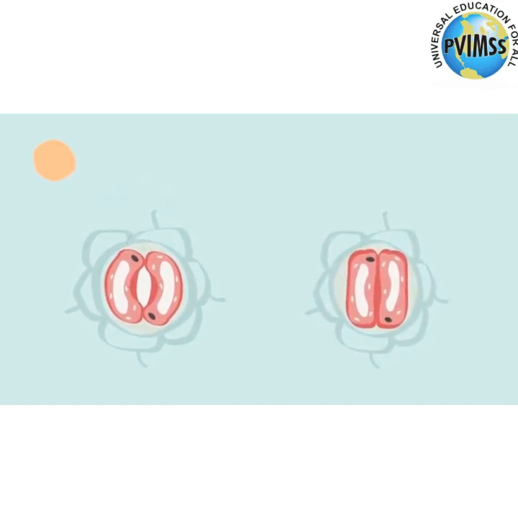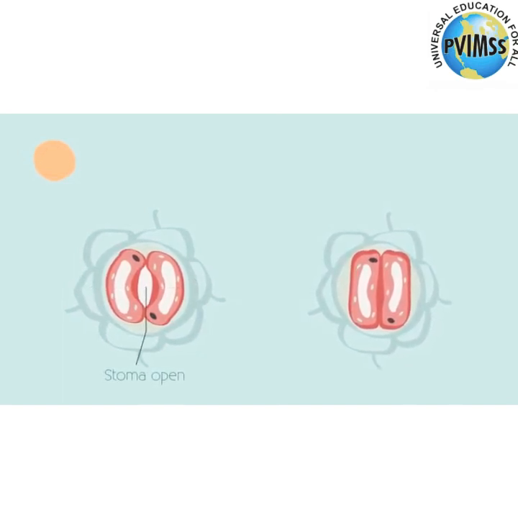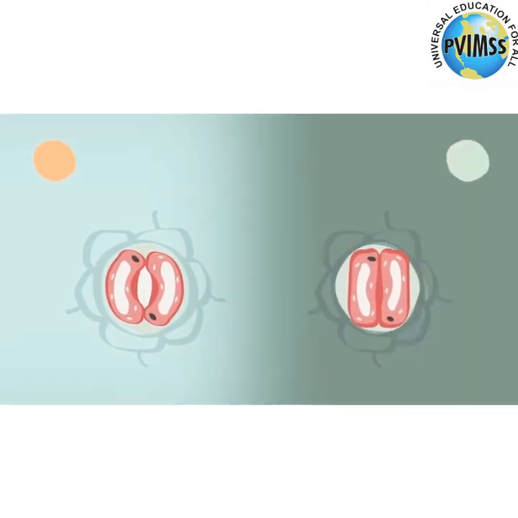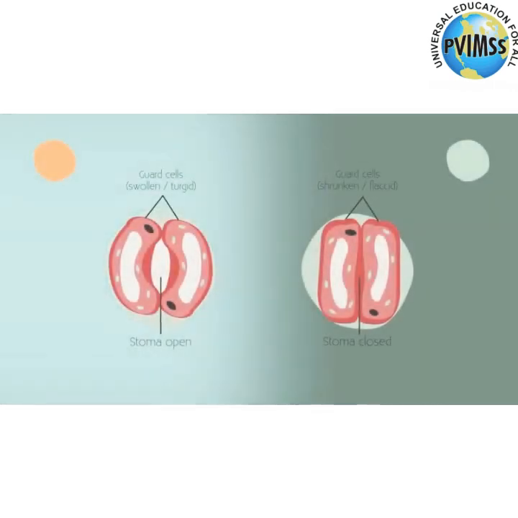Open stomata allow more transpiration, while in the dark, when guard cells lose water, the pressure inside falls and the stoma will close. Closed stomata slow down transpiration, so the pressure inside the guard cell makes the stoma open or close. Opening and closing of stomata control the rate of transpiration in plants.